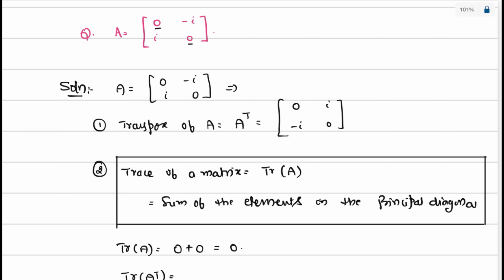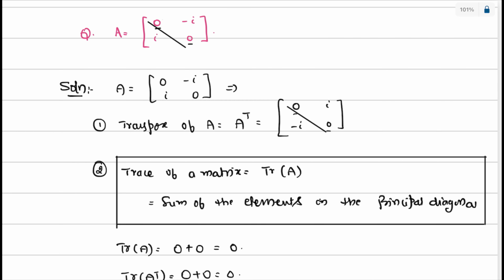Trace of the transposed matrix is also 0 plus 0, because this is the principal diagonal. This is also 0. We are talking about the properties of the particular matrix which is given to us.